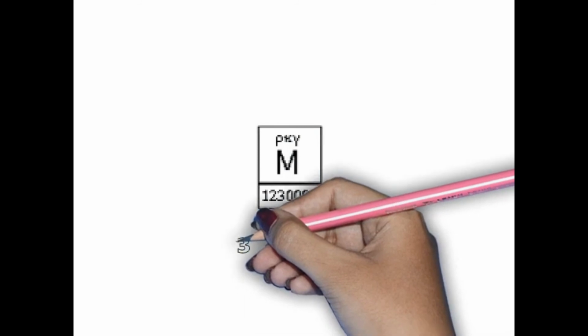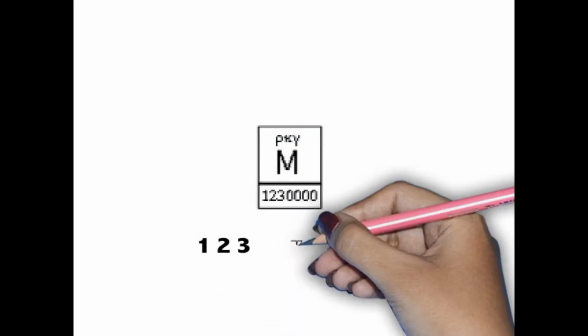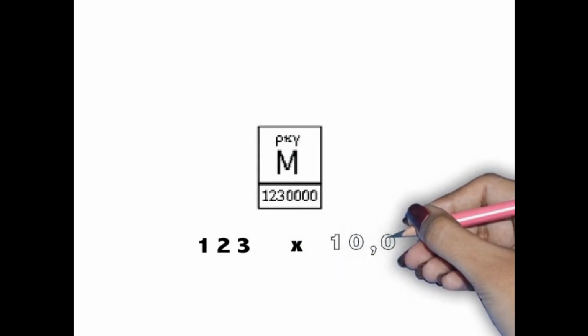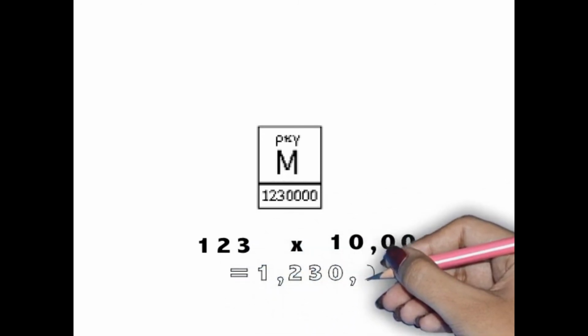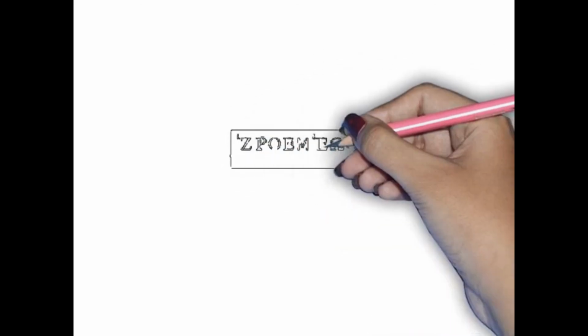Writing 123 above the myriad represents 123 times 10,000 equals 1,230,000. Writing a large number above the myriad was rather difficult, so often in such cases, the small number was written in front of the myriad rather than above it.